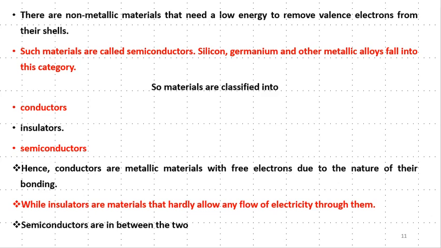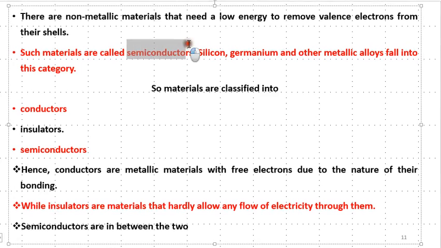Now, the materials that have this moderate amount of energy required in order to detach an electron from its atom are called semiconductors. And as we have seen from our previous graph, we basically use silicon and germanium as our semiconductor devices. And sometimes we introduce some metallic substance into these semiconductors in order to raise their conductivity.